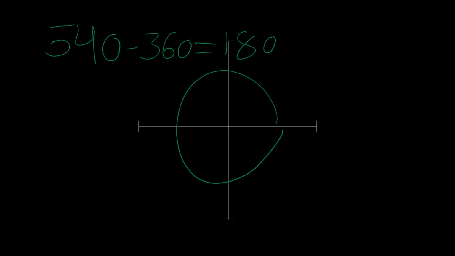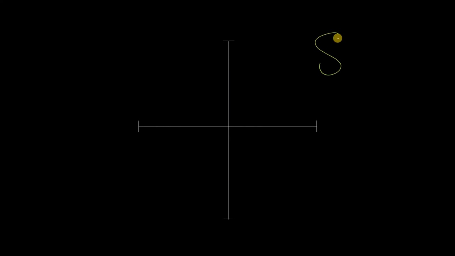So 540 degrees minus 360 leaves us with 180 degrees. This shows us that the circle comes around once and then goes another 180 degrees and ends at this point. So the coordinate we are talking about here is -1, 0.